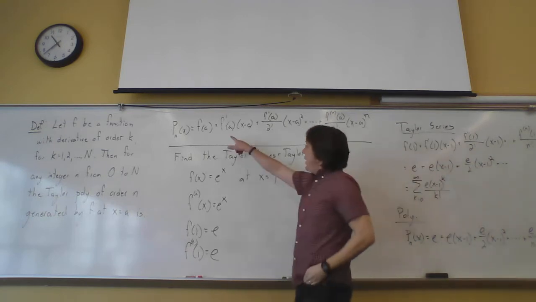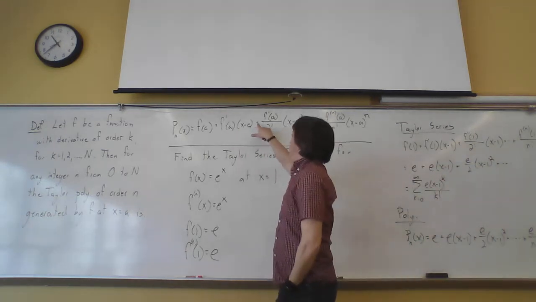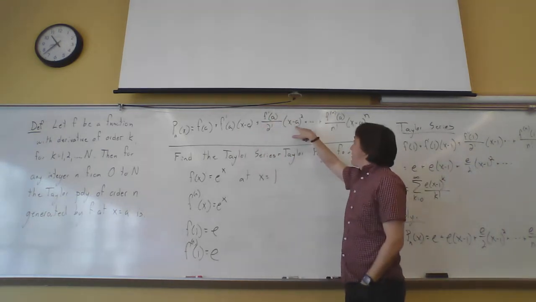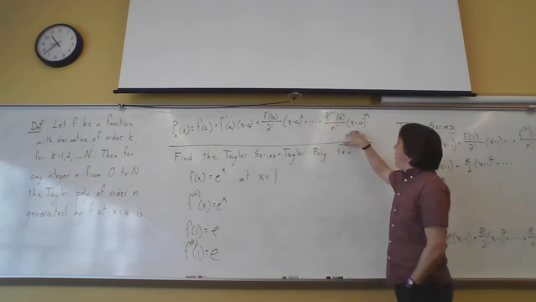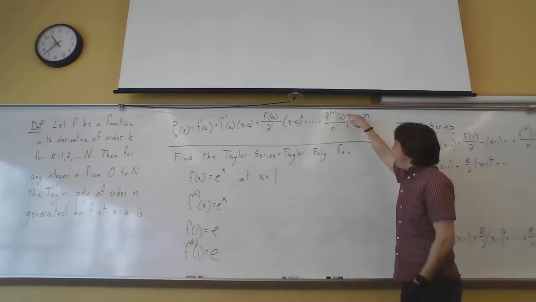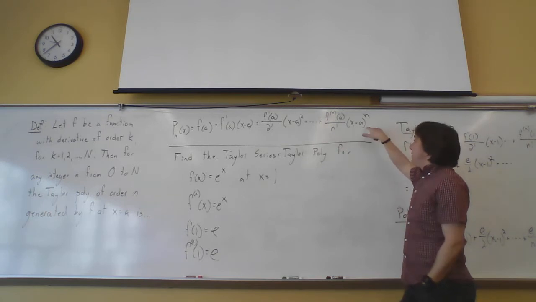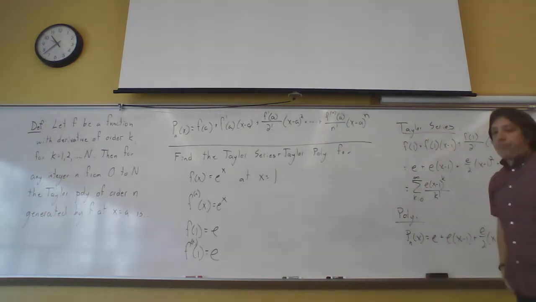So we have f of a plus f prime of a times x minus a plus f double prime of a over 2 factorial, x minus a squared, all the way out to the nth derivative of f at a over n factorial times x minus a to the n.